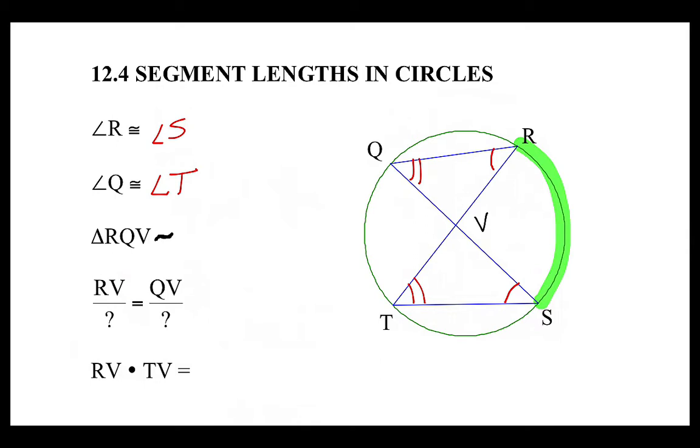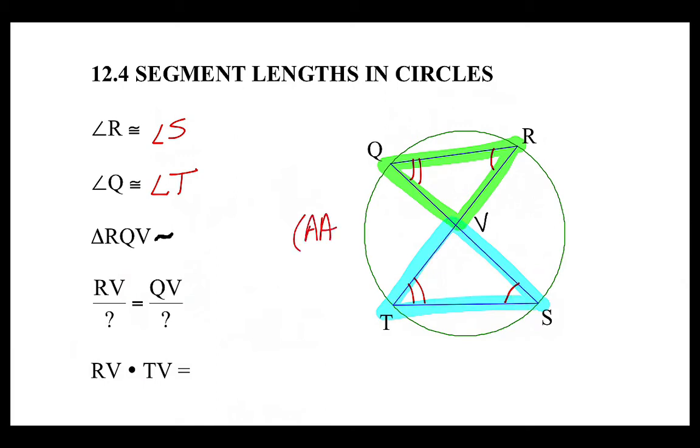Well, if I have two angles in triangle RQV, and I'll trace that out here, if I have triangle R to Q to V, that triangle has two angles that are exactly the same in triangle SVT. So I know by angle that these two triangles are similar.